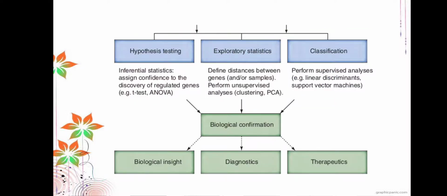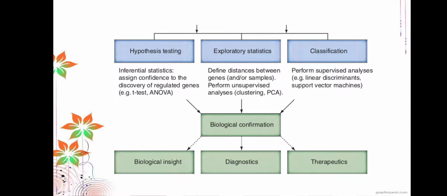And then from this data that you have, going back to your research question, you do hypothesis testing, which basically asks whether over- or underexpression is significantly different or not. And then you can also do exploratory statistics, you do PCA and clustering.